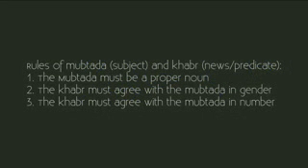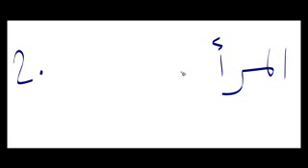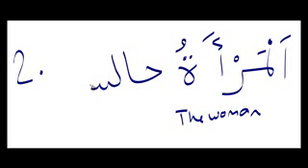Now the second rule is that the khabar must agree with the mubtada in gender. And so an example of the second rule is in this sentence, al-mar'atu, the woman, jalisun. Now instead of saying jalisun, what we have to do is we put a ta marbuta at the end.